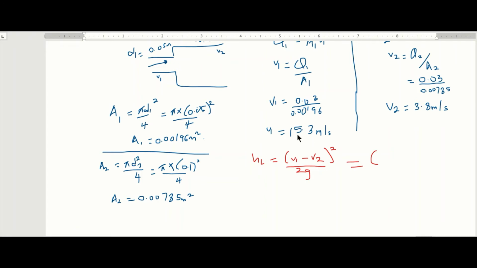My V1 is 15.3 minus my V2 is 3.8, all squared over 2 times g. Now remember guys, my g is what? 9.81. So 15.3 minus 3.8 gives us 11.5. So we have 11.5 squared.